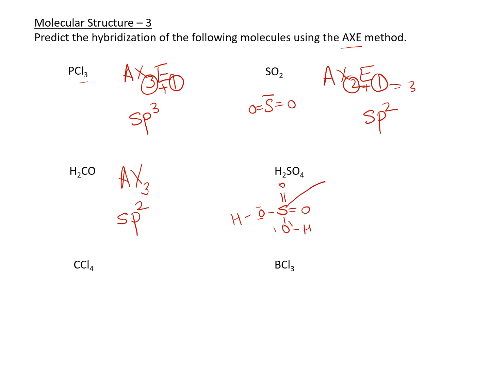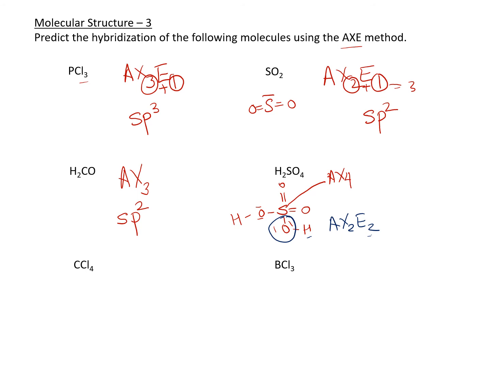For sulfur, it's going to be AX4, because it has 4 electron groups around it. For oxygen, it's going to be AX2E2, because the X2 is coming from the 2 atoms that are attached to it, and the E2 is coming from the 2 electron pairs left over from the non-bonding electrons.